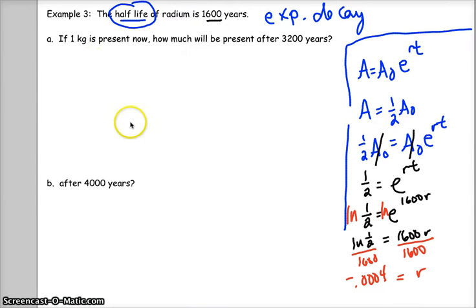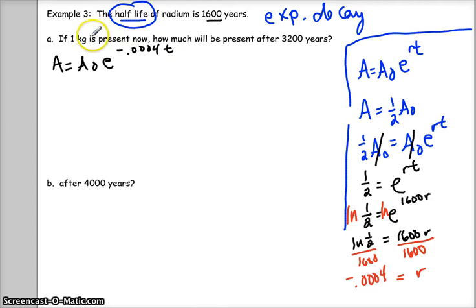Well, let's go back and use the model that we have now to determine the amount that will be present after 3,200 years. So we have our amount is equal to our initial amount times e to the negative 0.0004 power times time.